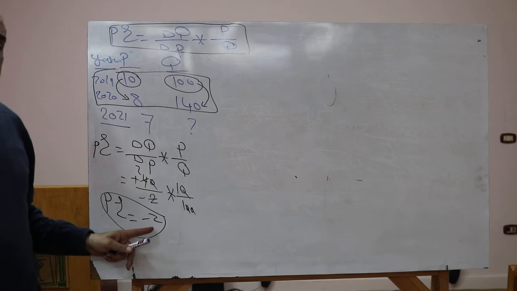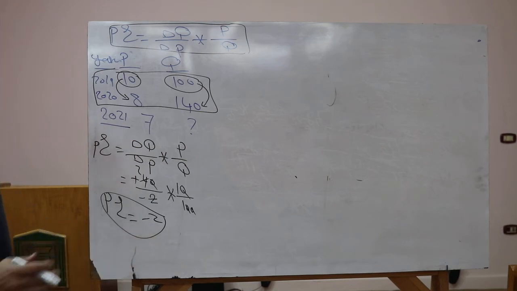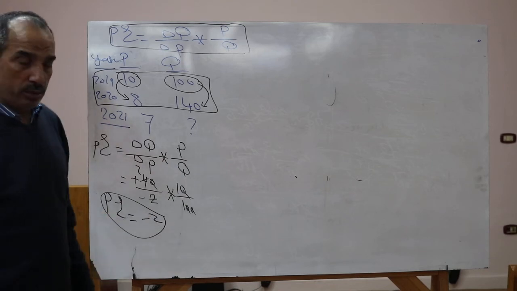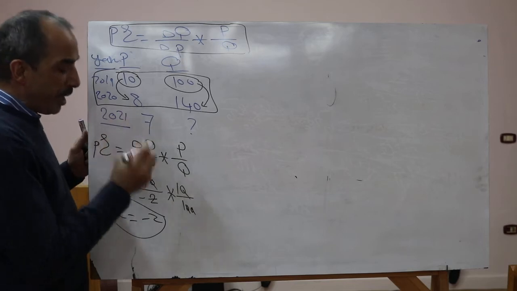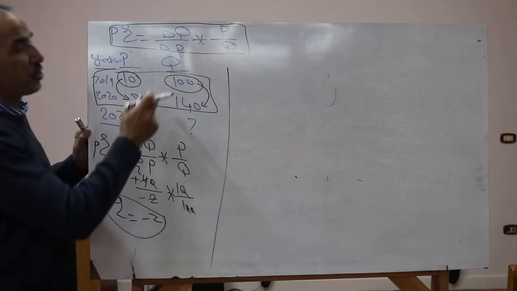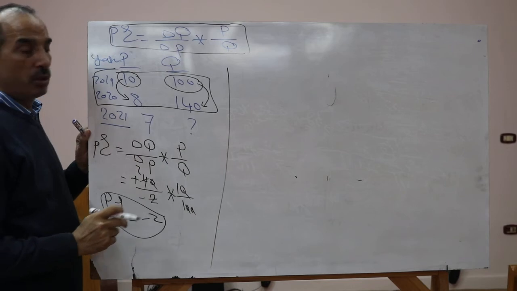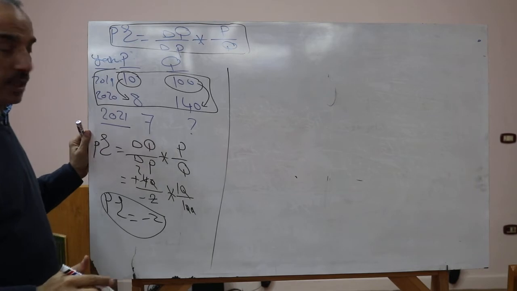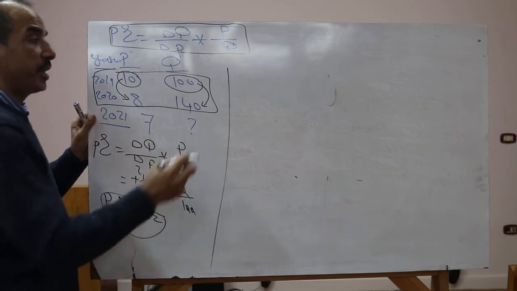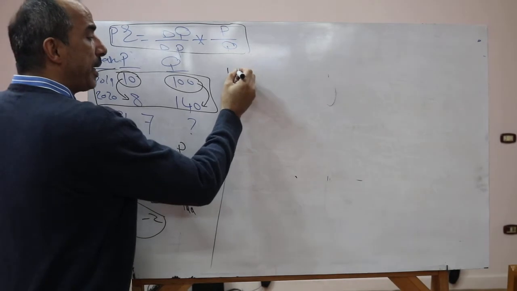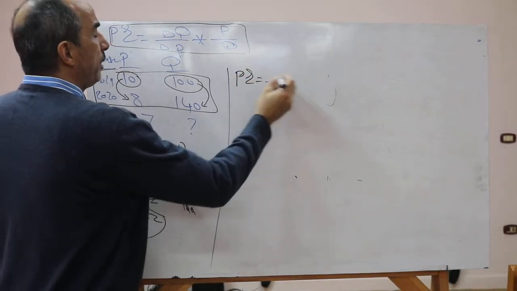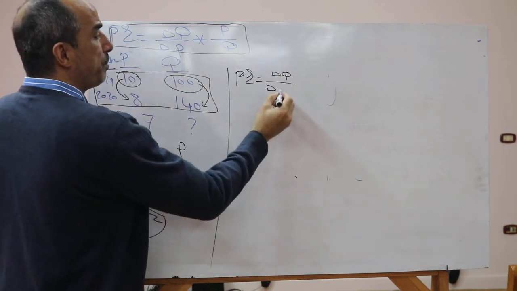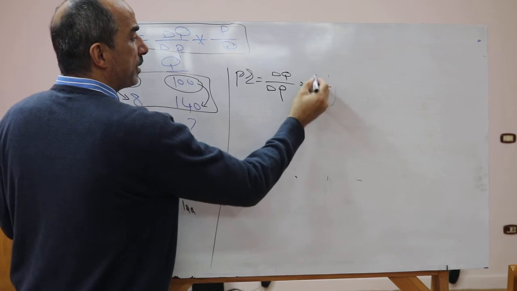Elastic must be negative. We have a negative relation between price and quantity. We use the same law to find the change in quantity, the expected demand in the year 2021. Price elastic equals change in quantity over change in price, times price over quantity.